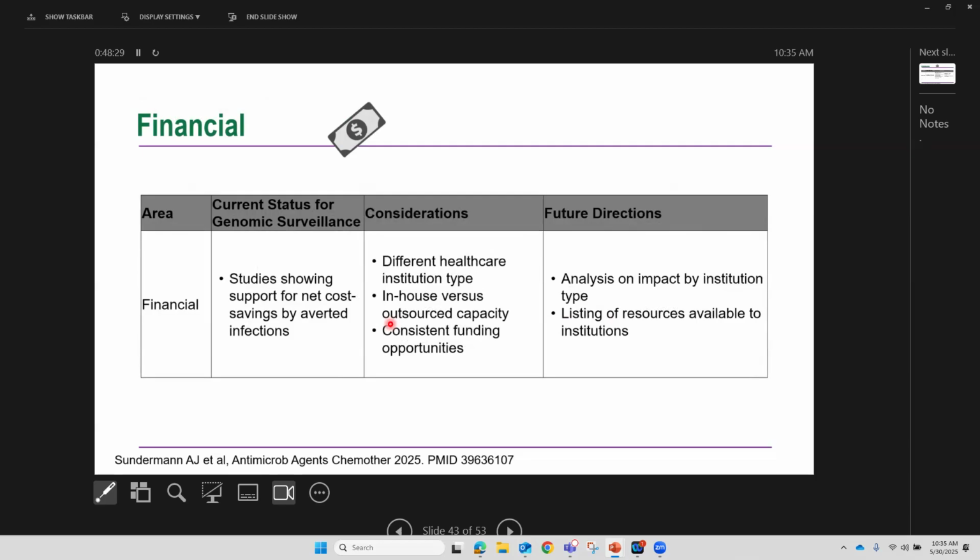And I mentioned the financial part, and we are working really hard to understand what the levers are. As I mentioned, length of stay, and hospitals get dinged if they have a high HAI rate. The CMS will ding them financially. So there are all these different levers you can push to say, not only is this good for patient safety, but it also is good for the bottom line.